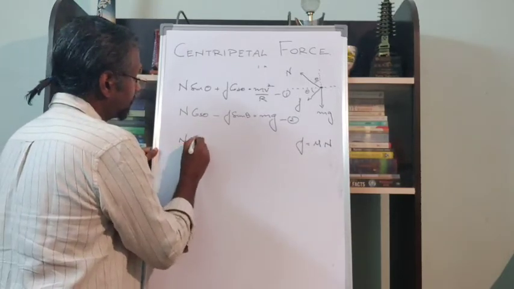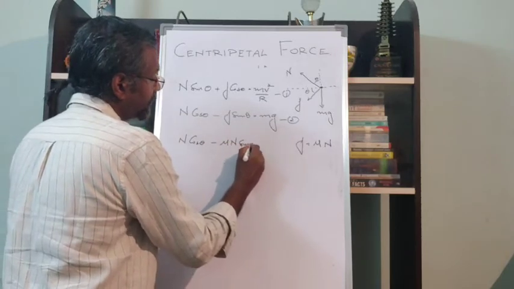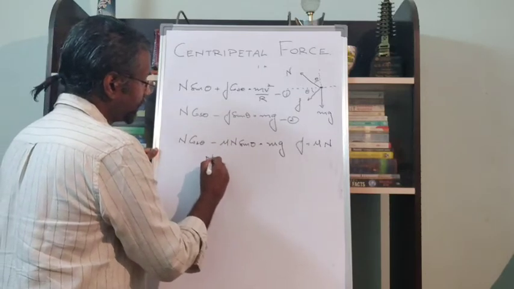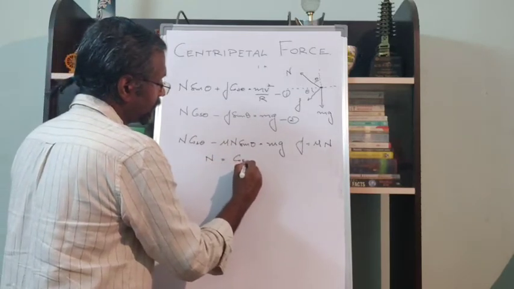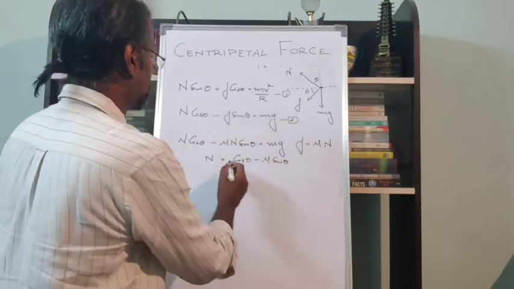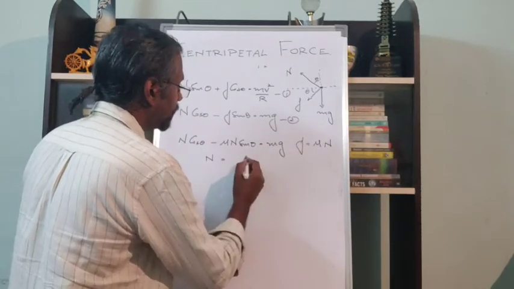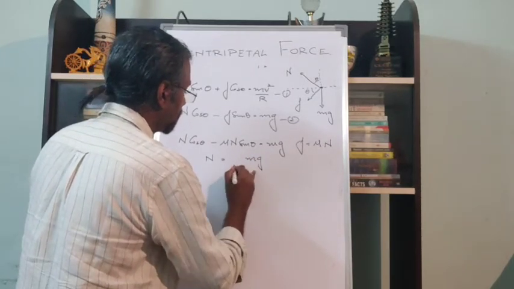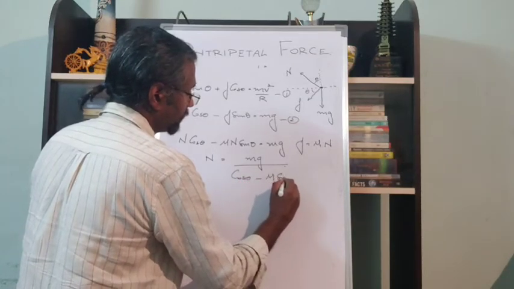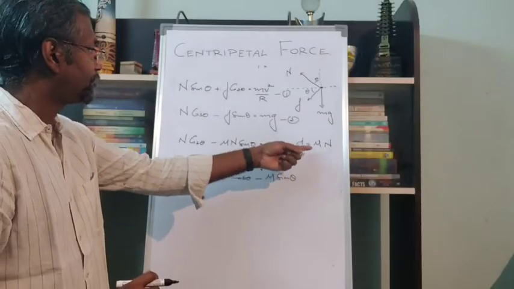You have N cos theta minus mu N sine theta is equal to mg, right? I can take N out, and now N is equal to mg by cos theta minus mu sine theta. From the second equation, I found the normal force by substituting for friction mu N.